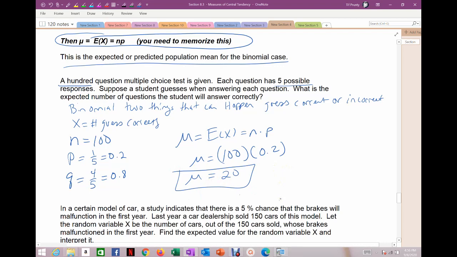Suppose 1,000 people guessed on this test. Some of them would guess more than 20 questions correctly. Some of them would guess lower than 20. If we averaged out all 1,000 outcomes, it should average out to 20, or at least be pretty darn close to 20. So remember, this is an average based on our probability.